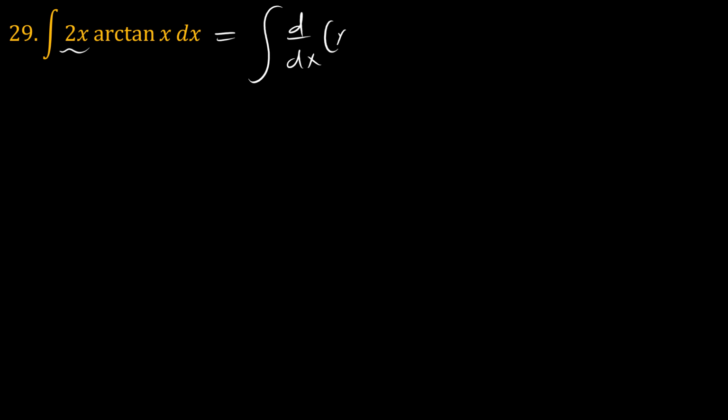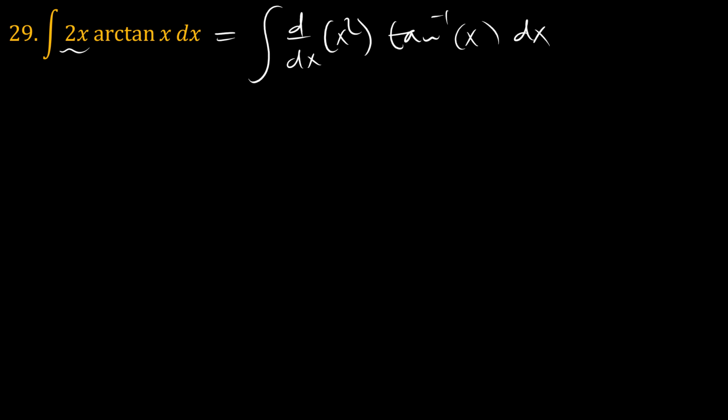So problem number 29, which happens to be the last problem, is the indefinite integral of 2x times the arctangent of x. And so what I can begin by saying is 2x is the same as the derivative of x squared, times the arctangent of x. So I'll just choose to write arctangent in this format. This is how I'm very comfortable writing it.